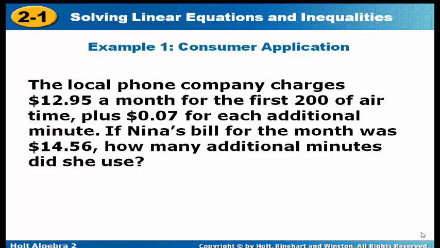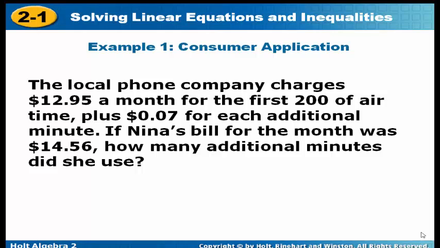The local phone company charges $12.95 a month for the first 200 minutes of airtime plus $0.07 for each additional minute.